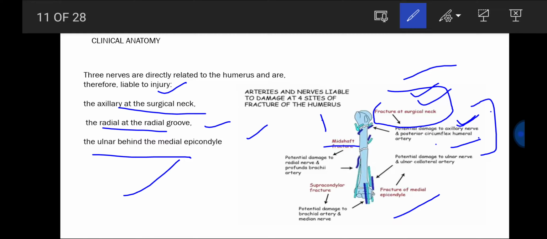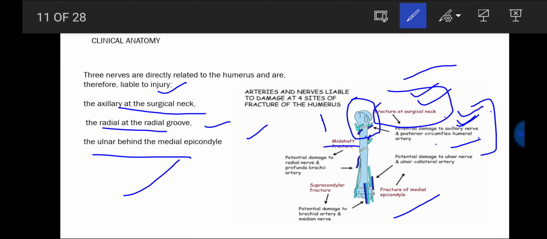It's not a part of first year, but in second or third year, if a patient comes to you and you find a fracture of the surgical neck, you should check the axillary nerve sensations and the neuromuscular part.